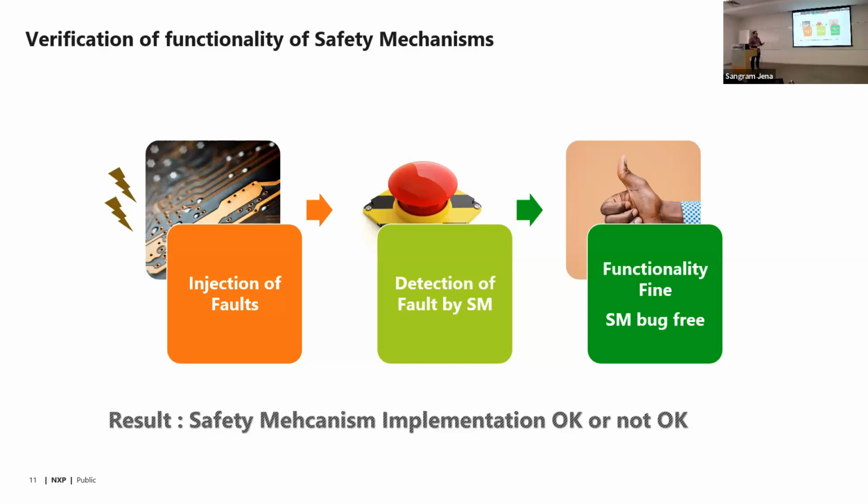So the only purpose of this kind of testing is to make sure that my safety mechanism implementation is okay or not. So this tells me whether the implementation of the safety mechanism is all right. So functionality wise, it is working fine. So this is one very simple test, but it is extensively used across different safety mechanisms.